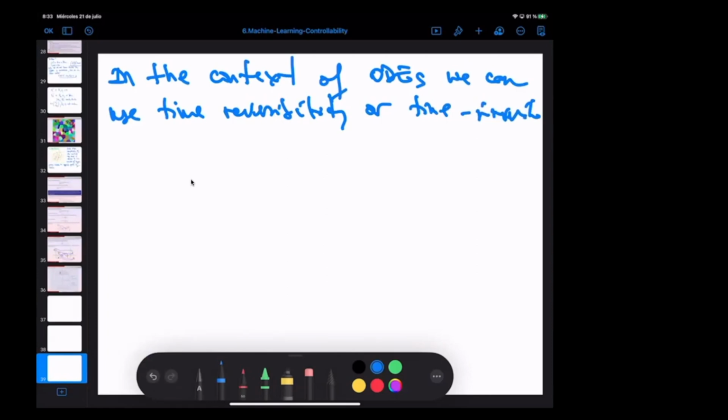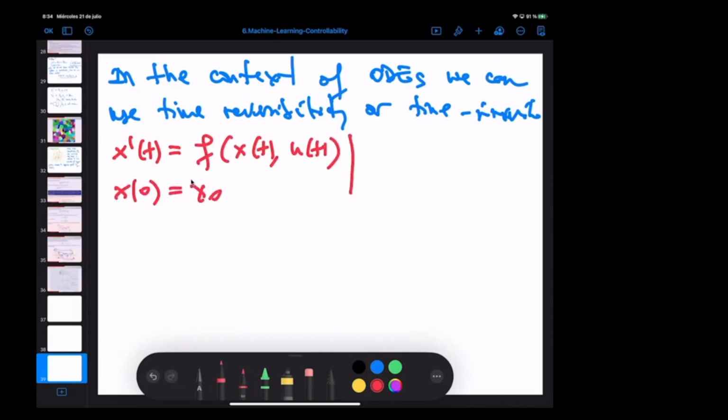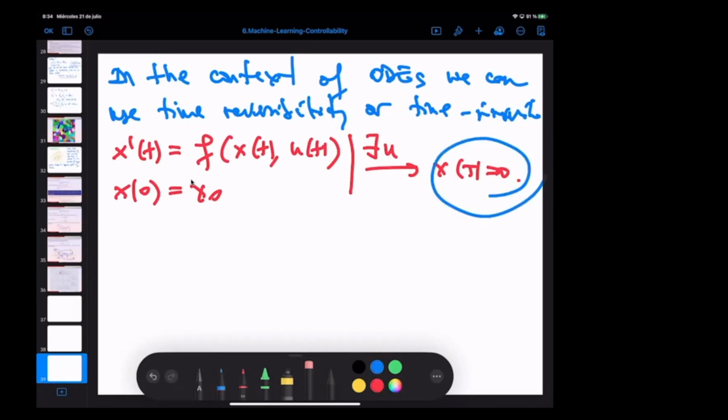It means that, for instance, assume that you have already proved a result saying that, given this system, I was able to show that there is a control u such that x(T) is equal to 0. So you were able to get to x(T) equal to 0. X(T) equal to 0 is typically one of the targets we look for.